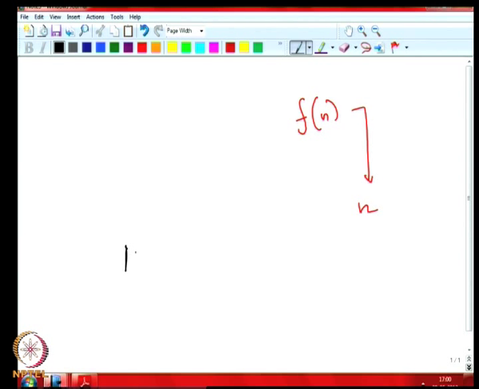For instance, you start with 1, 2, 3, 4, this is a sequence. Here, you add one to the previous term to get the next term. This is an arithmetic progression. So, you know the nth term is obtained from the n minus 1th term plus 1 here. Of course, you need not start with 1.